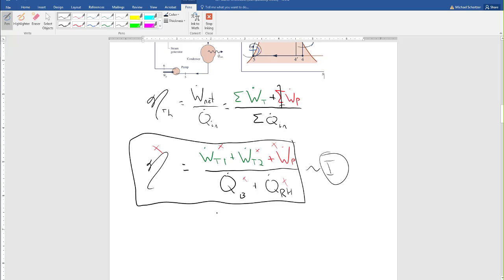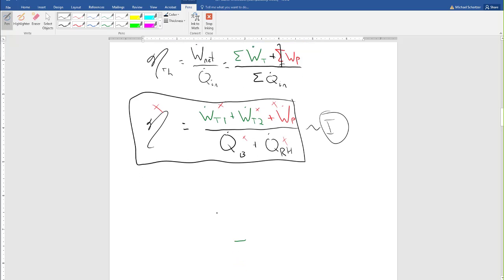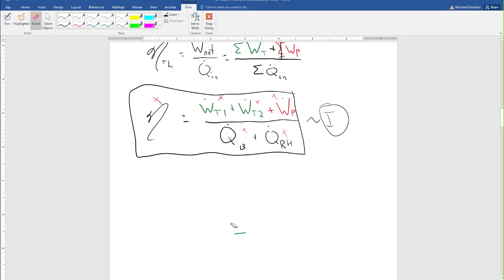Hopefully, at this point, we realize that means it's the first law. But if not, if you really feel lost, guessing that you should do a first law analysis is never really a bad idea. So here, we are going to do a first law analysis. And again, I'm always going to encourage you to write down the whole equation.